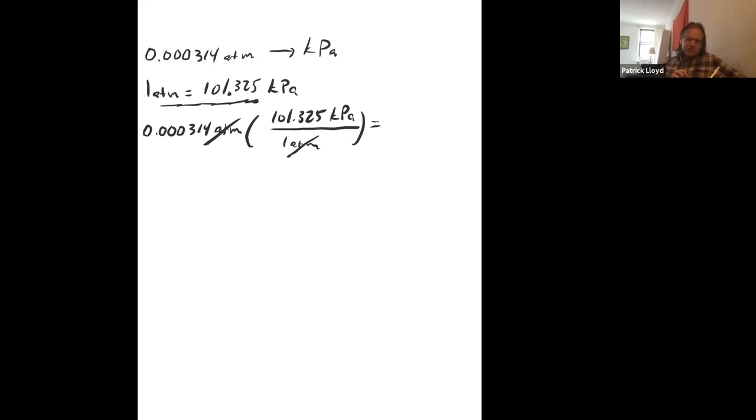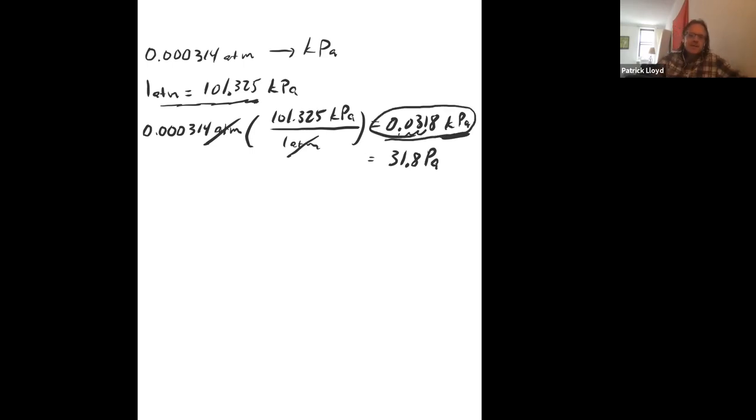So 0.000314 times 101.325, and I get 0.0318, 3 sig figs, kPa. So this is an example where maybe you'd want to use pascals, right? Because if you move it over 1, 2, 3, you get 31.8 pascals. But people often want to use kilopascals, not pascals. So that's why they asked you to do that.